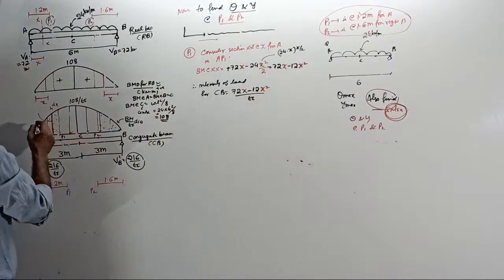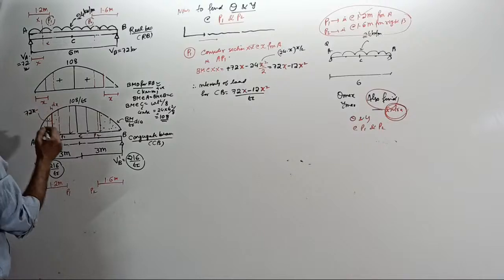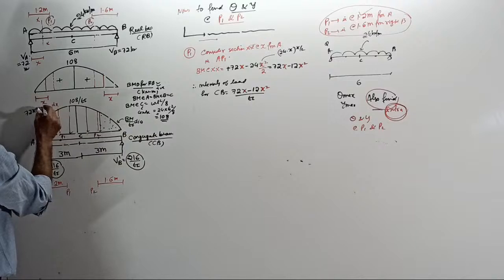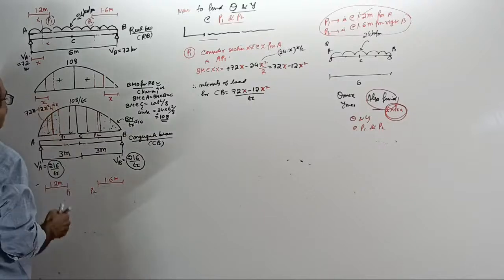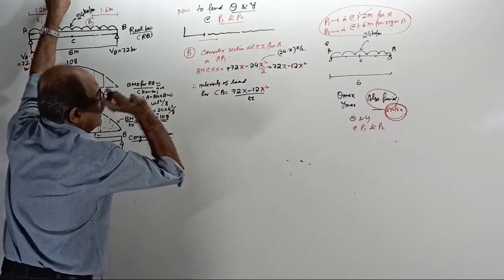Right here, this is 72x, minus 12 into x square. That's all I require.